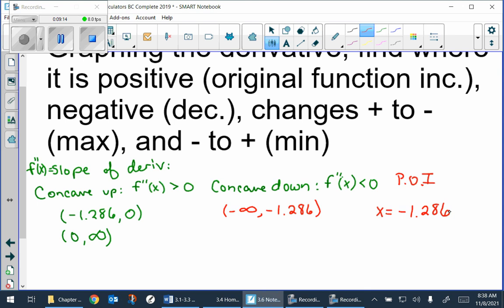Where else does concavity change, or is that it? I'm suspicious about 0, but at one side of 0, I'm concave up, and at the other side of 0, I'm also concave up. So concavity did not change at 0, did it?